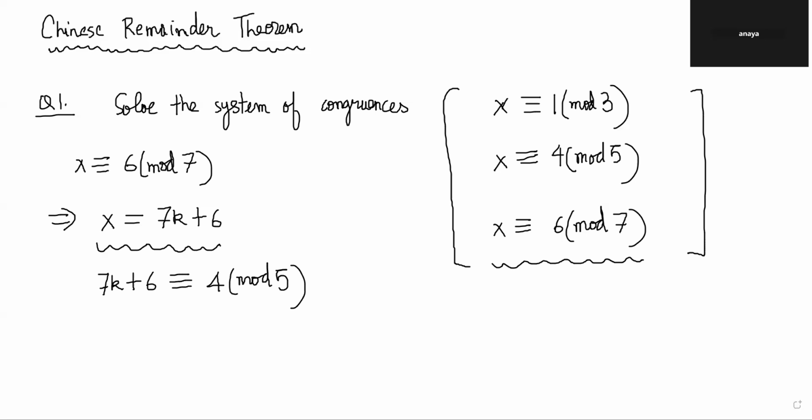Now, if you think about it from here, can we say something about k? If you think of the number 7k plus 6 is congruent to 4 mod 5, you can say that 6, when you do mod 5, it will be 1, right?